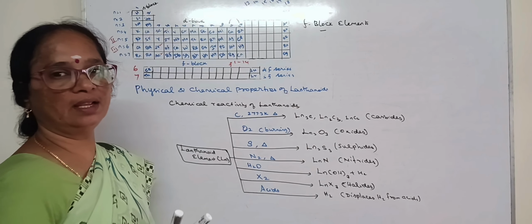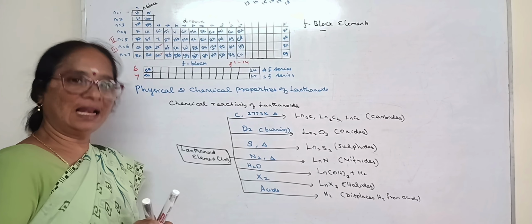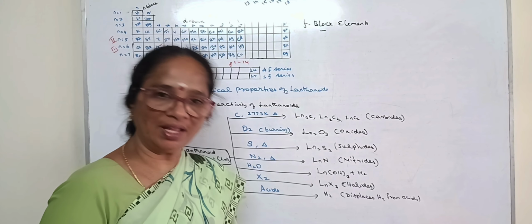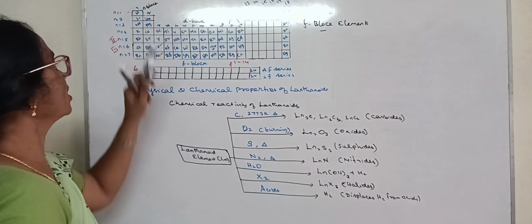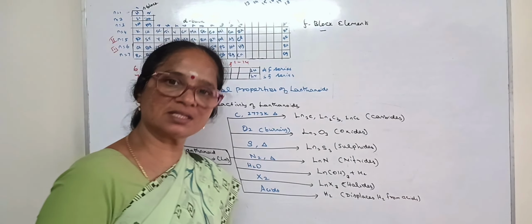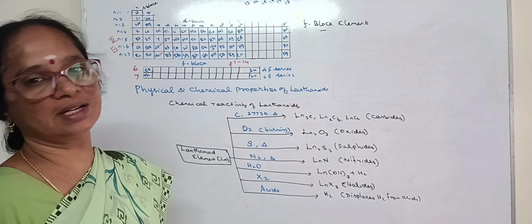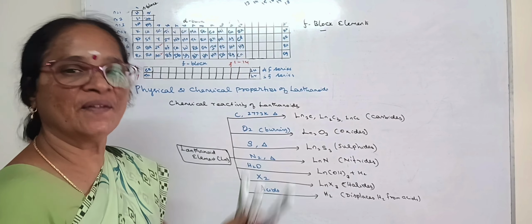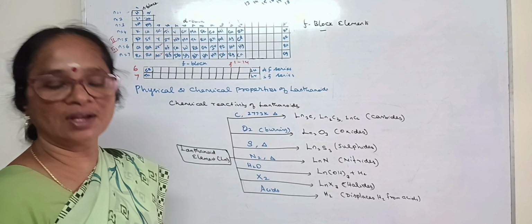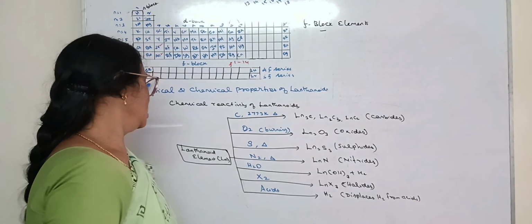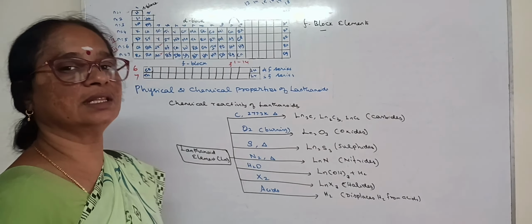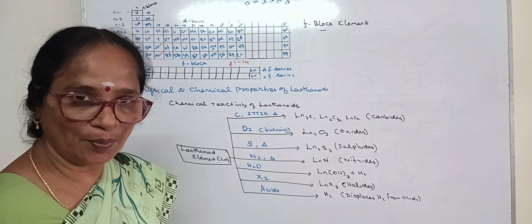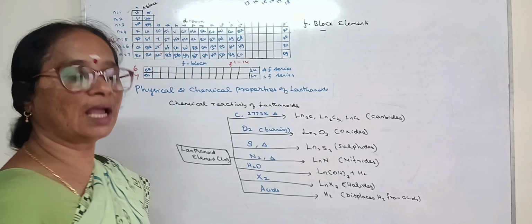Chemical reactivity of lanthanides. Already we said the ionization enthalpies of lanthanides are very close to the s block elements, 1s group as well as 2s group, and because of that the chemical properties of lanthanides are also very similar to the s block elements. These lanthanide elements react with non-metals, and they liberate hydrogen from acids.